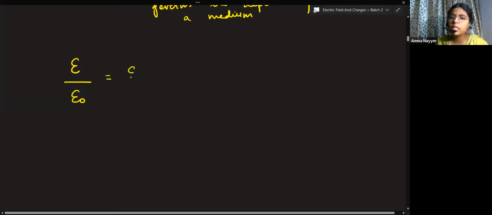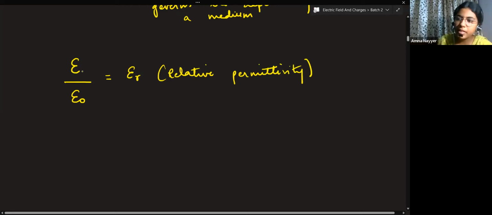Their ratio is sometimes called relative permittivity. So this was the absolute permittivity of any medium, this is the absolute permittivity of free space, and the ratio gives us the relative permittivity of the medium.